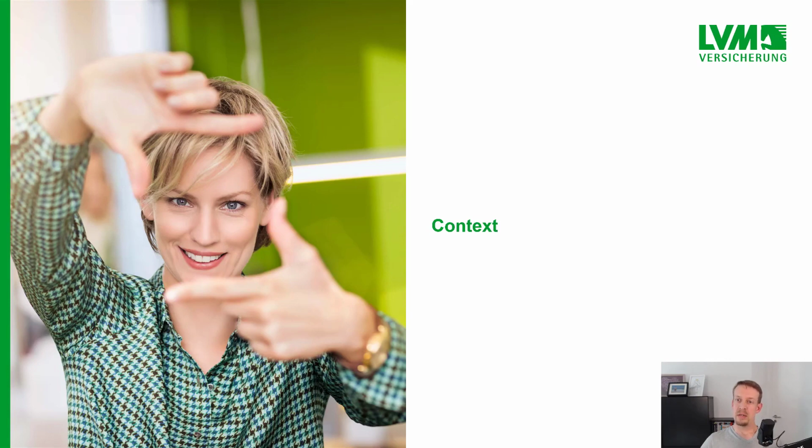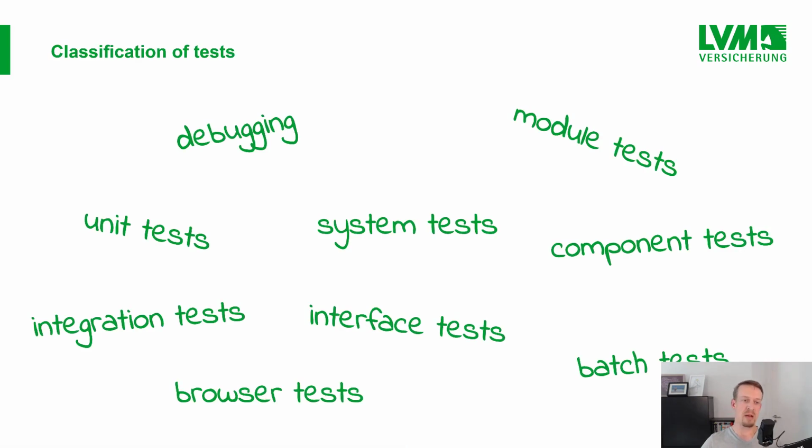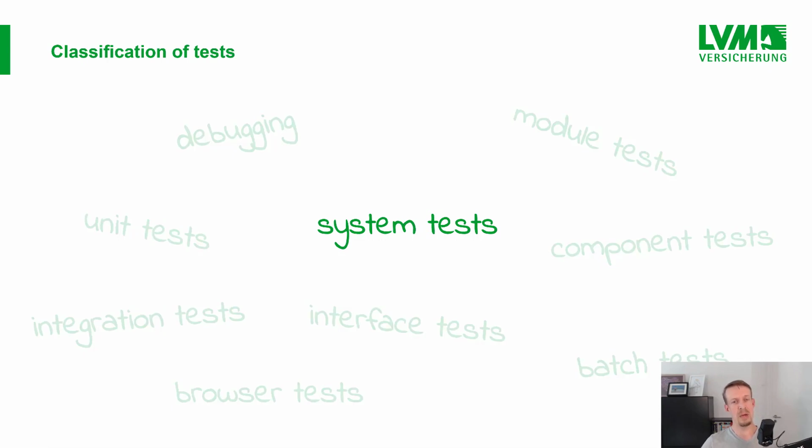There are different types of software tests. We can have small tests like debugging or unit tests, and we can also have huge tests like integration tests or system tests. For now, let's focus on the latter one, the system tests.